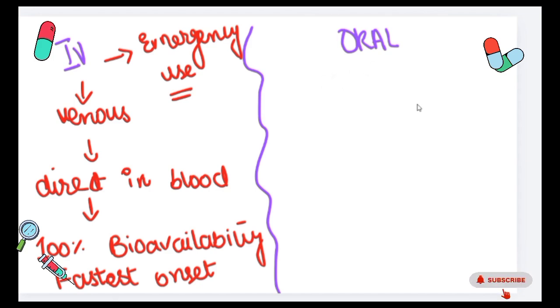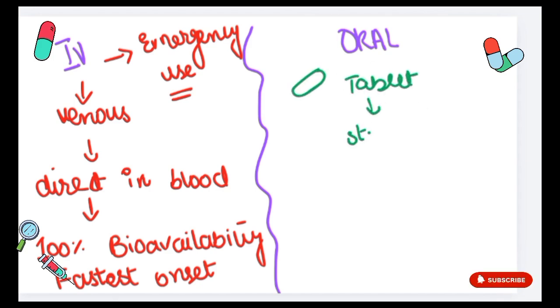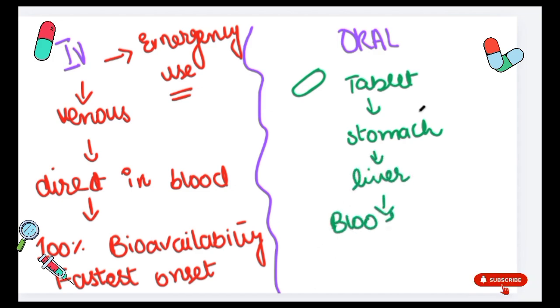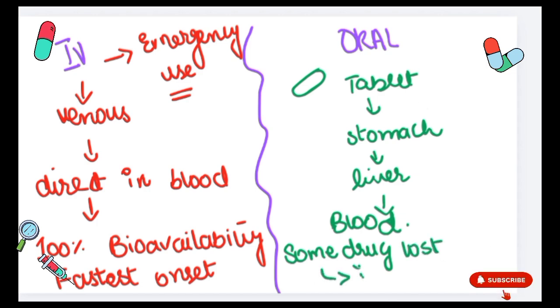Now the oral tablet. We have discussed this before. The tablet reaches the stomach, then reaches the liver, is metabolized by the liver, lost, and reaches the blood. Some drug now reaches the blood and some drug is lost, metabolized by the liver.